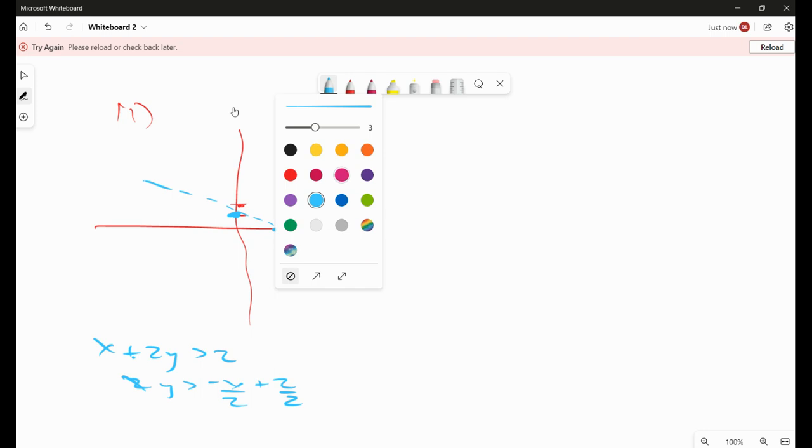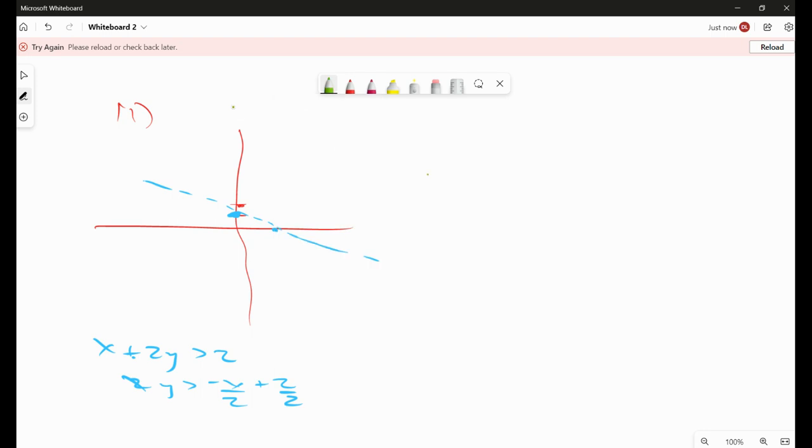All right, so then you can do this in your calculator, guys. I don't have my calculator with me, and I don't think you guys want to see me do calculator work. So then the other one is 3x minus 8y, and that is going to be greater than negative 64.